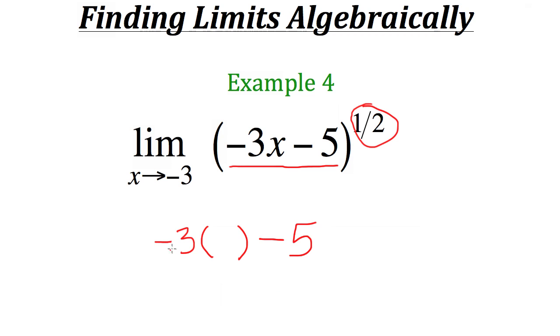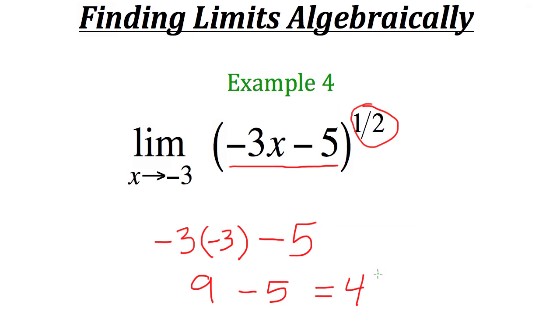So the limit of negative 3x as x approaches negative 3 will be 9. And then the limit of this 5, or negative 5, however you want to look at it, will just be that same value since it's a constant. So now when we combine them together, we get 9 minus 5, which gives us a limit of 4.